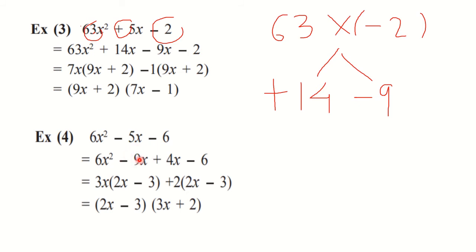And in that case, these two terms will have opposite signs. One is positive, one is negative. Then and only then can you go for subtraction, because if the signs are the same, you are going to add the numbers. So keep this in mind. If the sign of the last term is negative, you are going to think of subtraction. And if the sign of the last term is positive, you will think of addition.